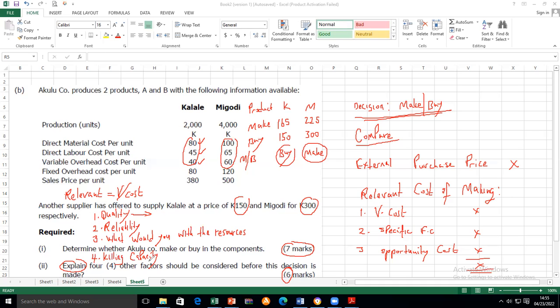If you're going to close down because you cannot make it cheaply, think about the impact on the employees. How will this impact your employees?